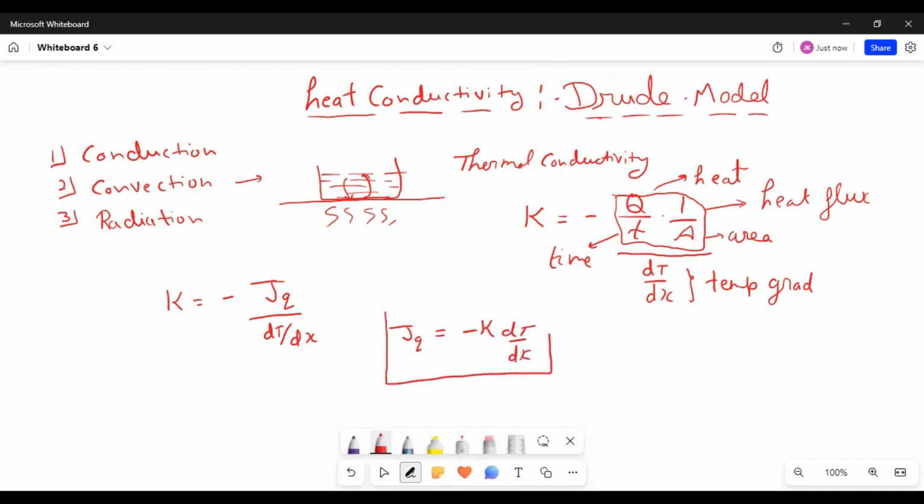This expression, let's call it expression A, is called Fourier's law of heat conduction.